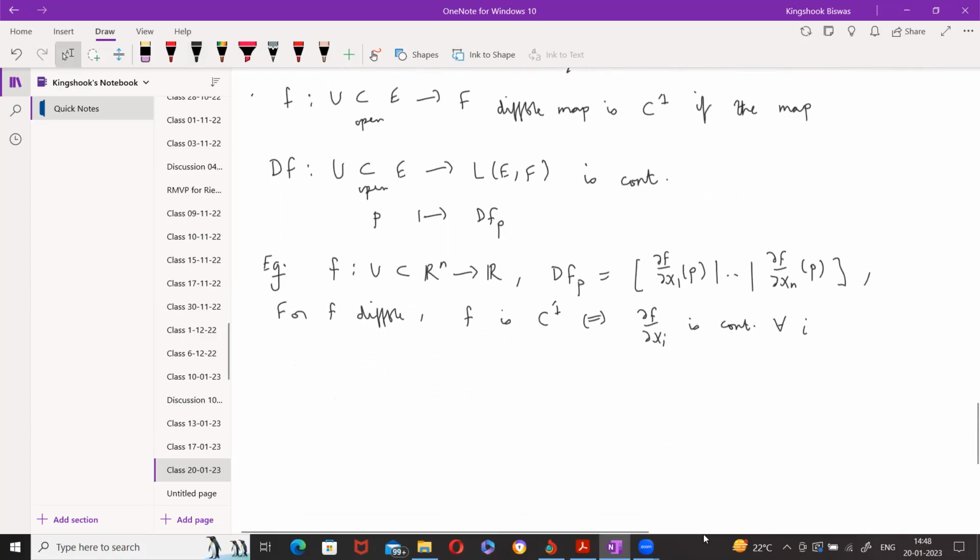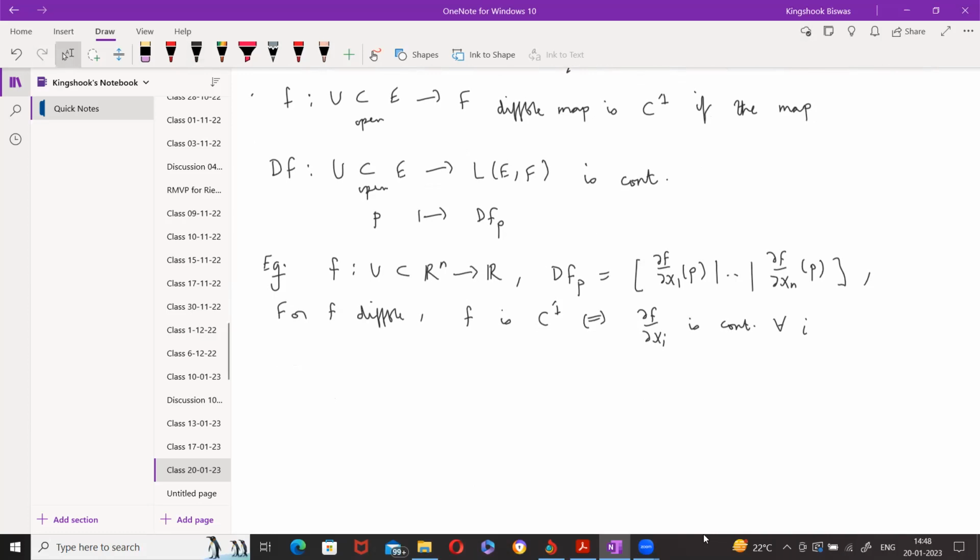Okay, but in fact, given that F is differentiable, a necessary and sufficient condition for it to be C1 is that the del F del xi's are all continuous. But in fact, it turns out that if you just know that the del F del xi's exist and are continuous, then F is automatically differentiable. So that is a little non-trivial. I won't prove that.